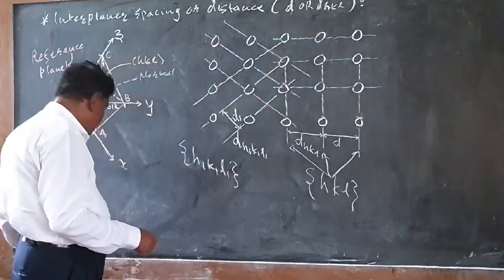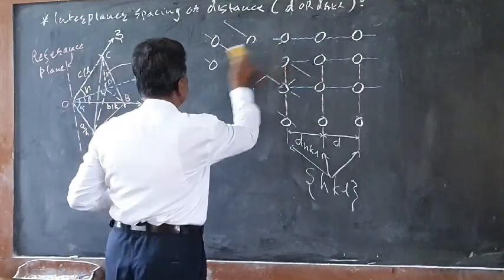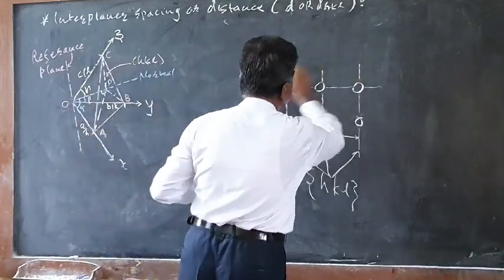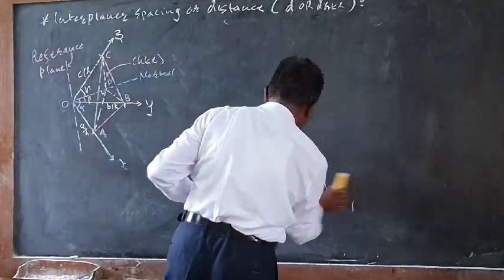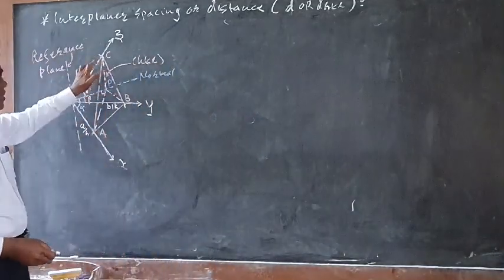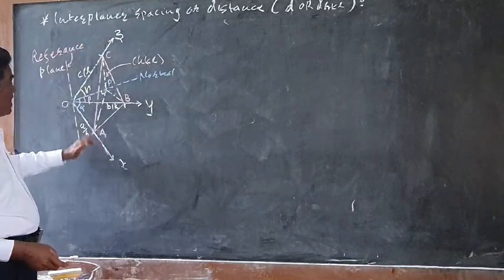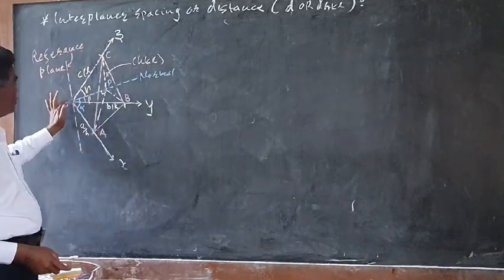Now in order to derive the expression for the interplanar spacing, consider the set of parallel planes defined by the Miller indices hkl, as shown in this figure. Suppose this is the coordinate axes x, y, z, and this is the origin.